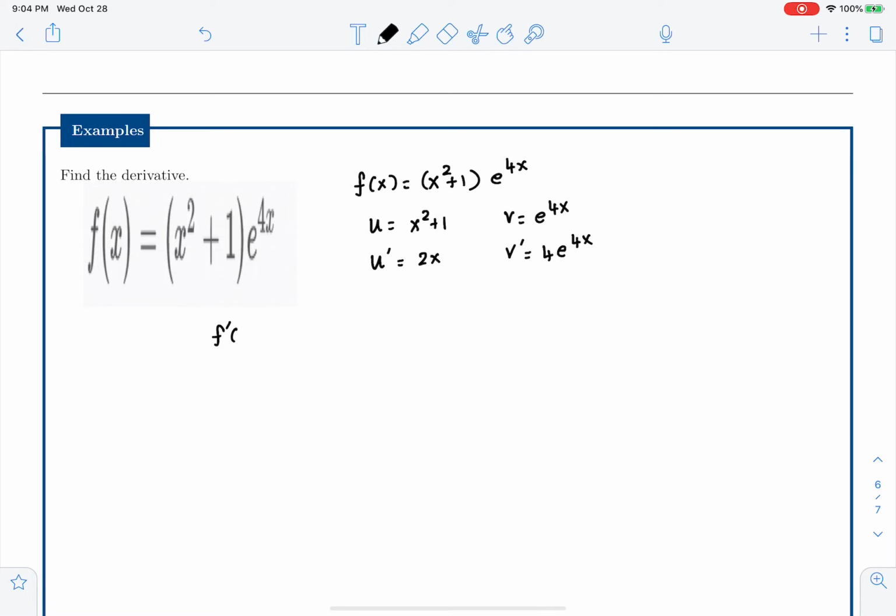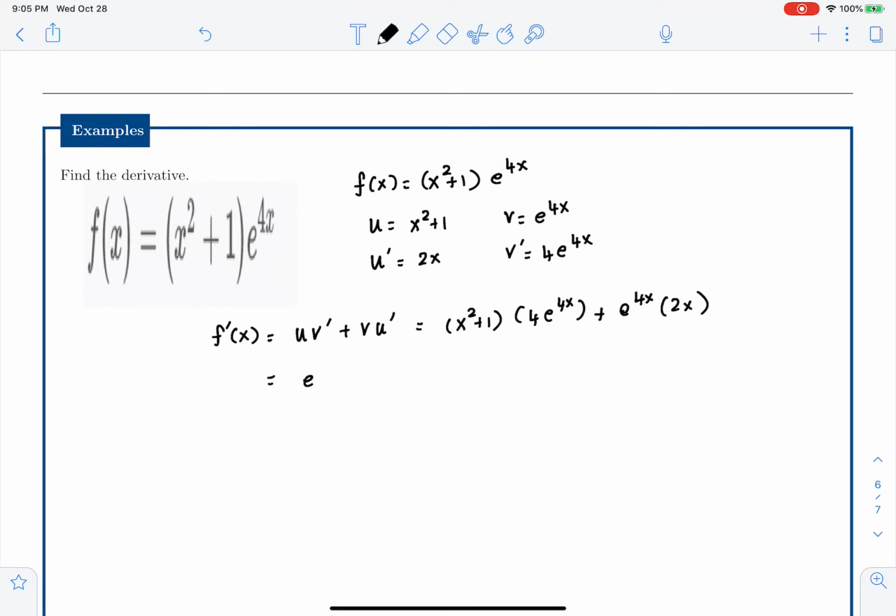So the derivative of the function is simply u v prime plus v u prime. So we have x squared plus 1 times 4 e raised 4x plus e raised 4x, which is v, multiplied by 2x. We have e raised 4x in common, so we could pull that out.